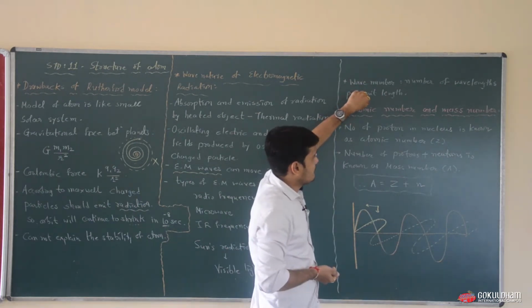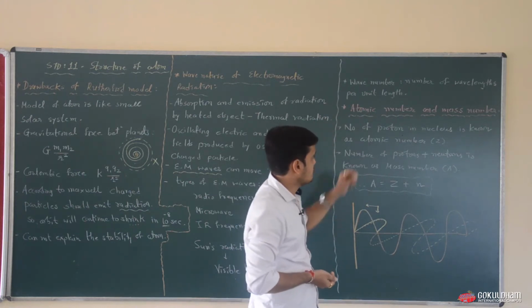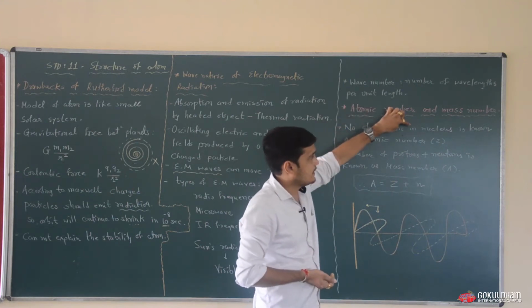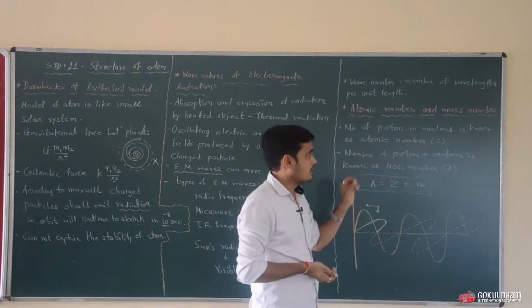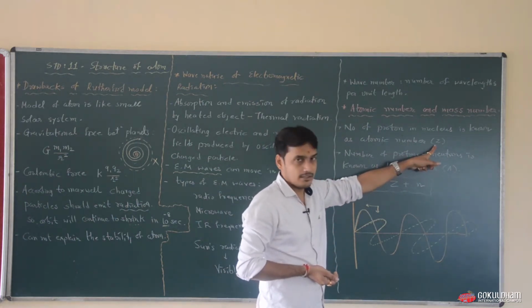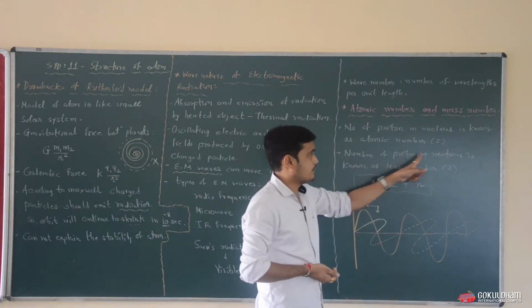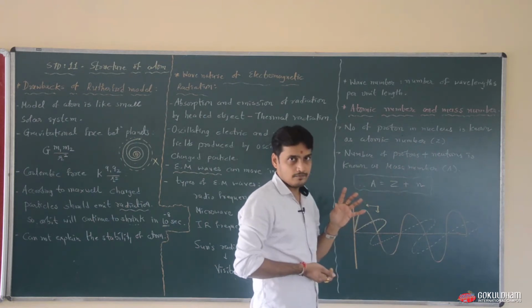The number of protons in the nucleus is known as atomic number. The atomic number symbol is capital Z, and the number of protons plus neutrons is known as mass number.